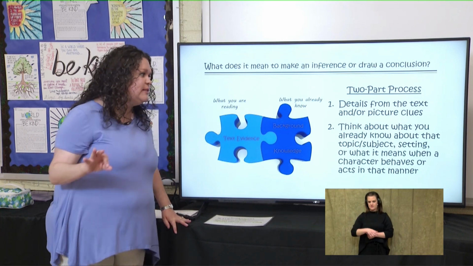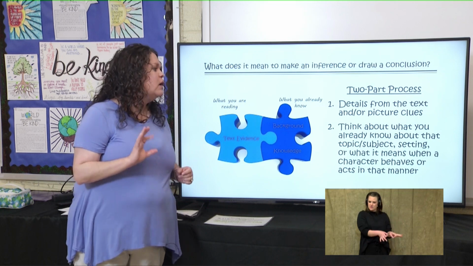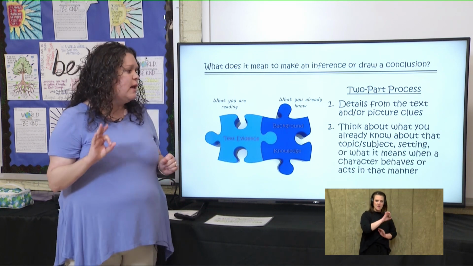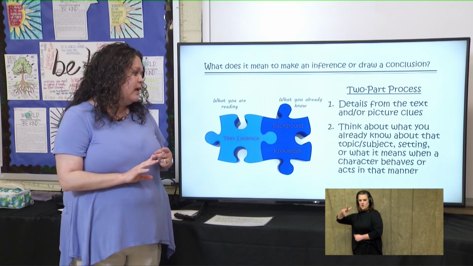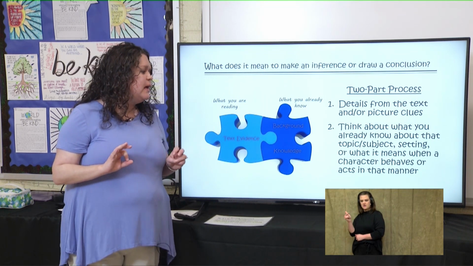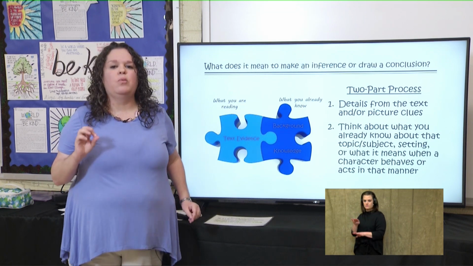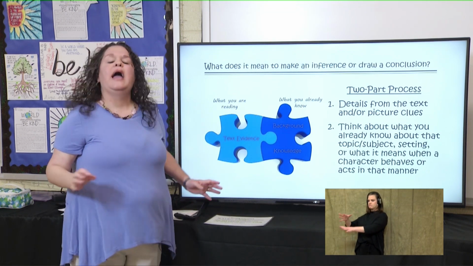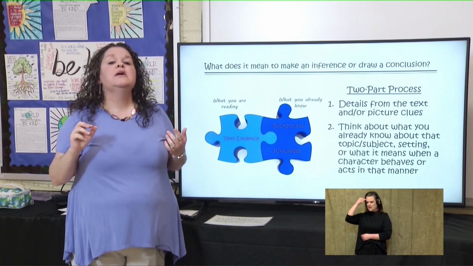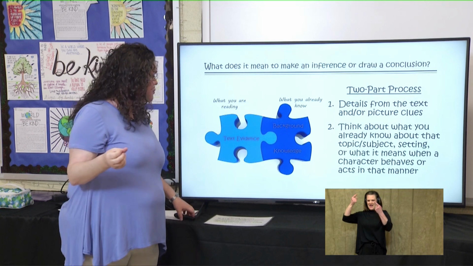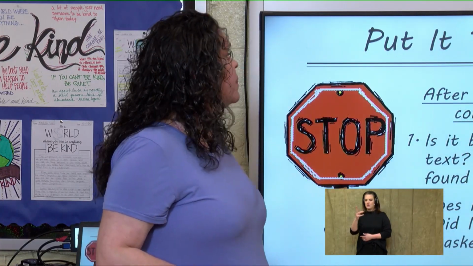So you take the details from the text and or picture clues along with what you already know about the topic or subject, the setting, or what it means when a character behaves or acts, or based on what the character says. And then you figure out in your mind what is happening. So you draw a conclusion or make an inference.